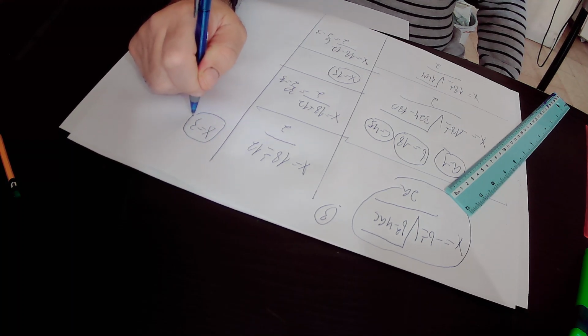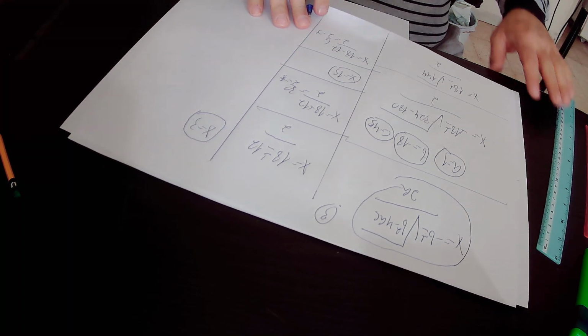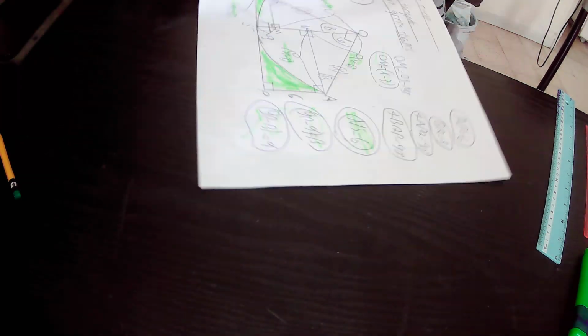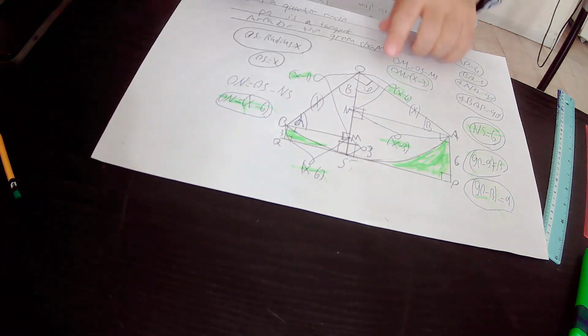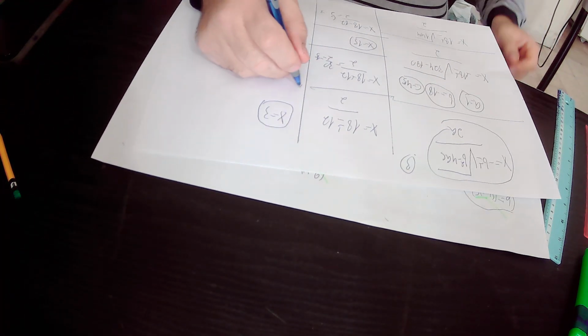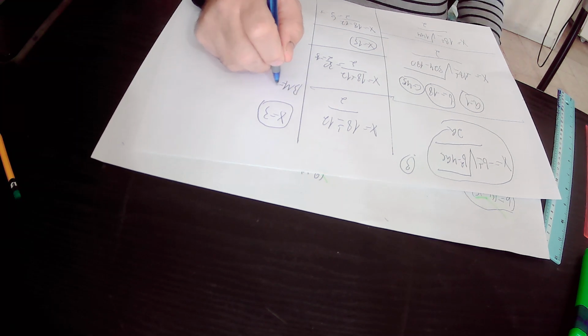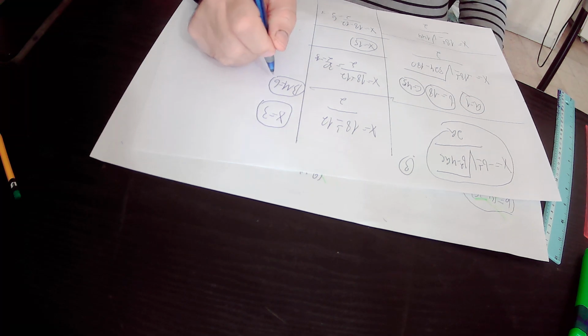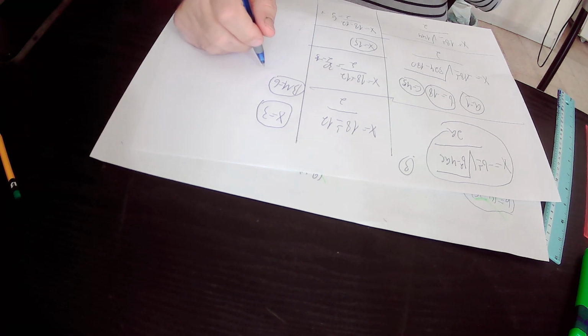But this solution is an incorrect solution. Why? Because we have already found out that the length of this line segment BM equals 6. So BM equals 6 units in its length.